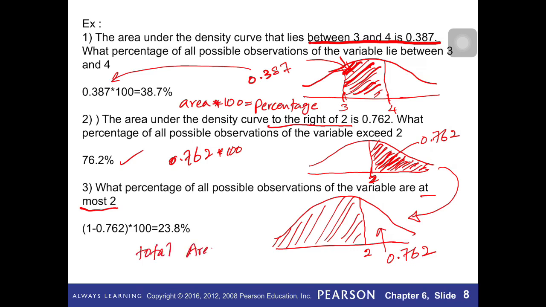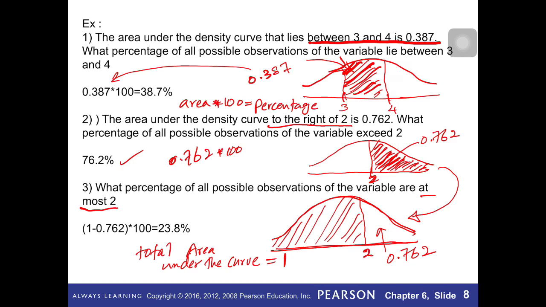The total area under the curve is equal to 1. So you know the total area under this curve is 1, and also you know the area which exceeds 2.